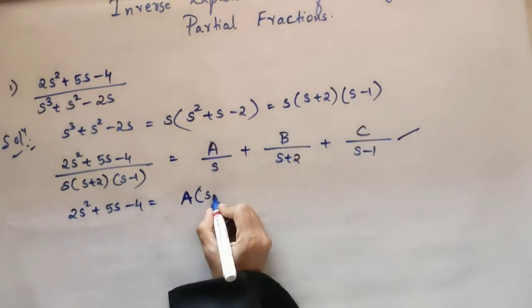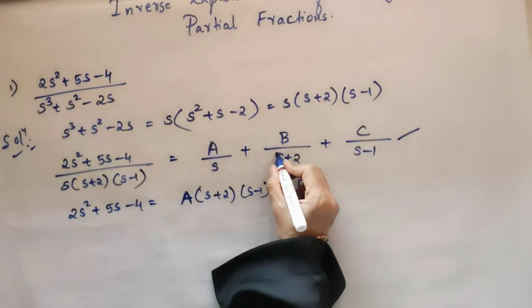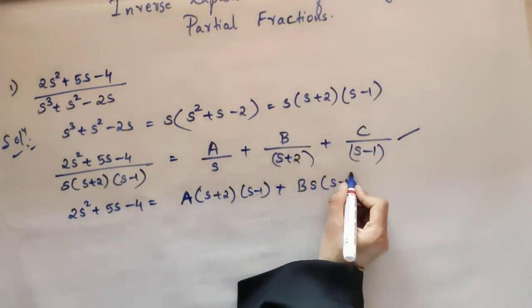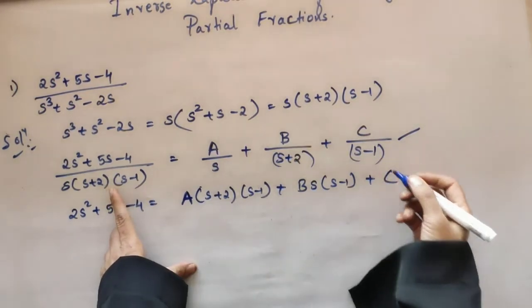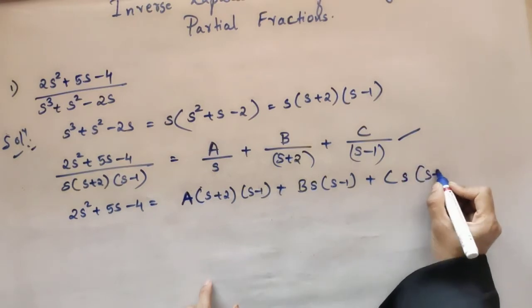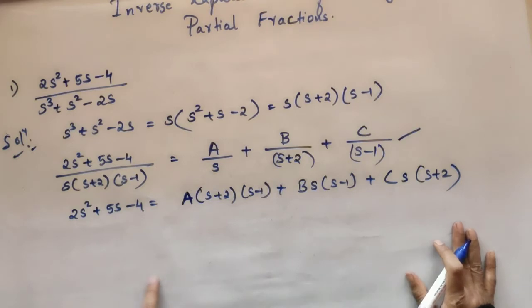So write A times (s plus 2) into (s minus 1), plus with B there is only s plus 2, so what is missing? s and s minus 1. With C, s minus 1 is there in the denominator, but there is no s and s plus 2. Write that. So this is the simplified form.